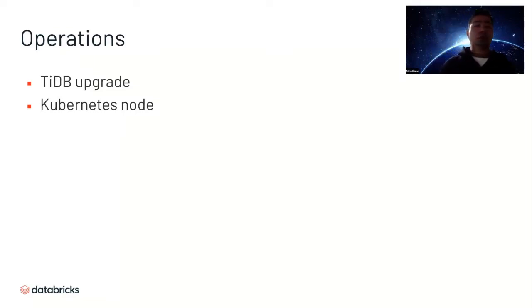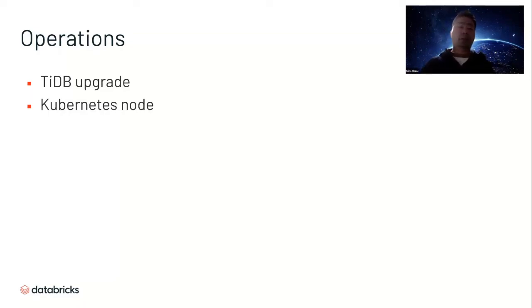We will also do operations, and the basic operations include TiDB upgrade. We will rely on the TiDB operator, which will do the rolling update. And also the Kubernetes node update. For example, we want to upgrade the Linux kernel, or we want to retire and replace a node. Then we usually do a rolling update.